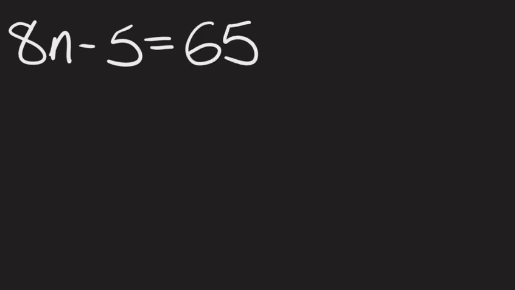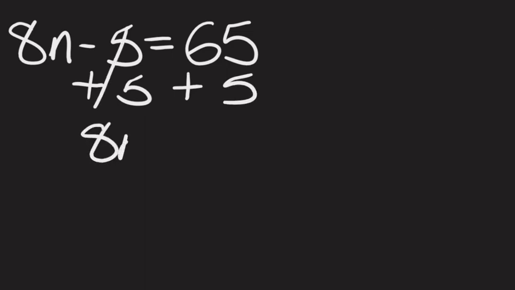We're going to have 8n minus 5 equals 65. The first step is to add 5 to both sides. This is going to give us 8n equals 70.